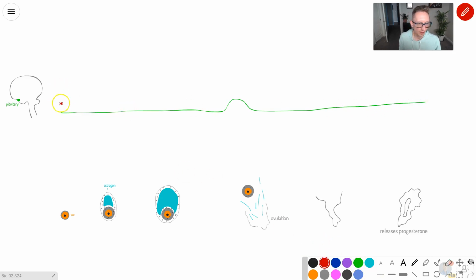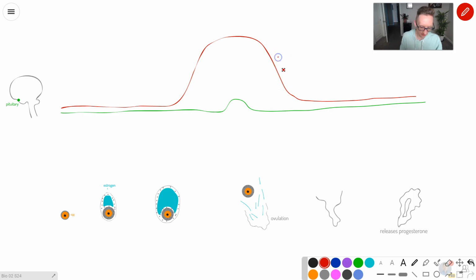And then we've got another hormone that starts to get released earlier, like so. This is LH, or luteinizing hormone, which stimulates ovulation, as well as follicle stimulating hormone, FSH, which also stimulates ovulation.